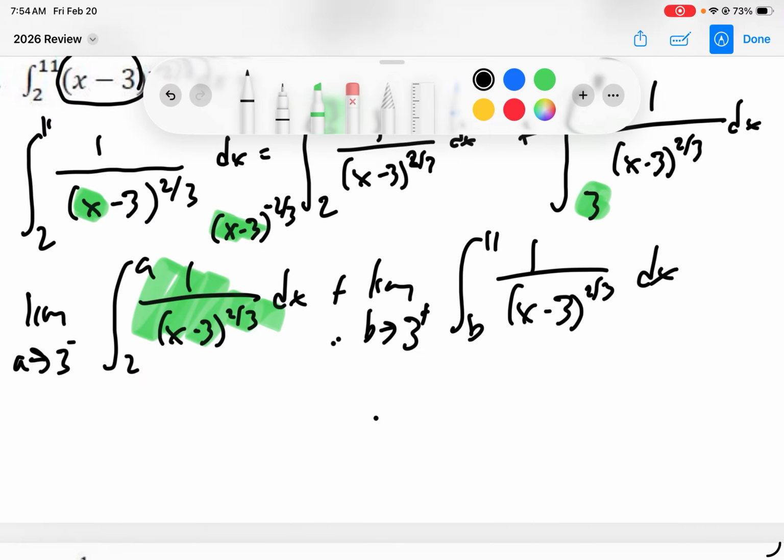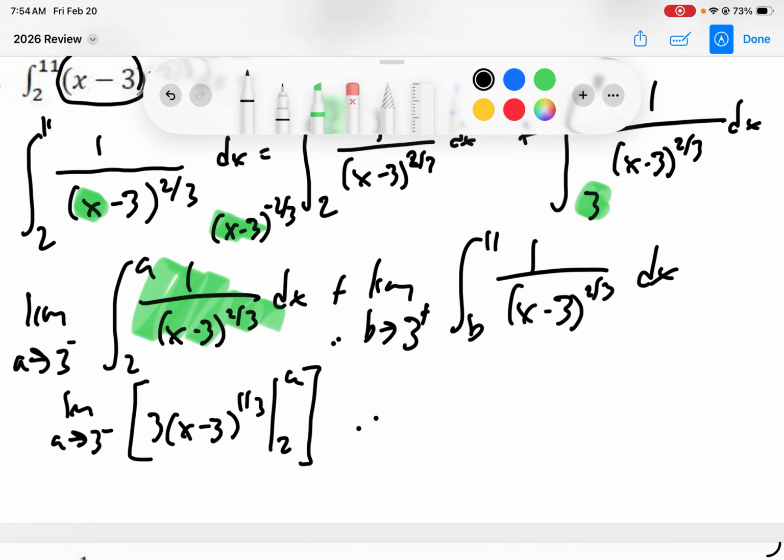Adding 1 to negative 2/3 is 1/3. Multiplied by the reciprocal, that would be 3. And then keep the inside part, x minus 3. We evaluate that from 2 to a. And the whole time we're talking about the limit as a goes to 3 from the left. Plus, same thing over here.